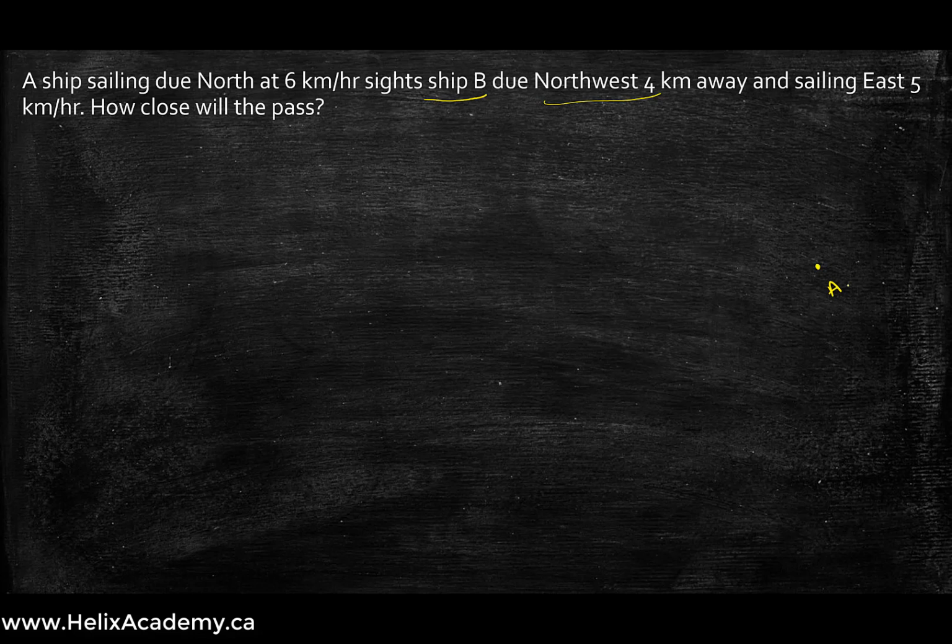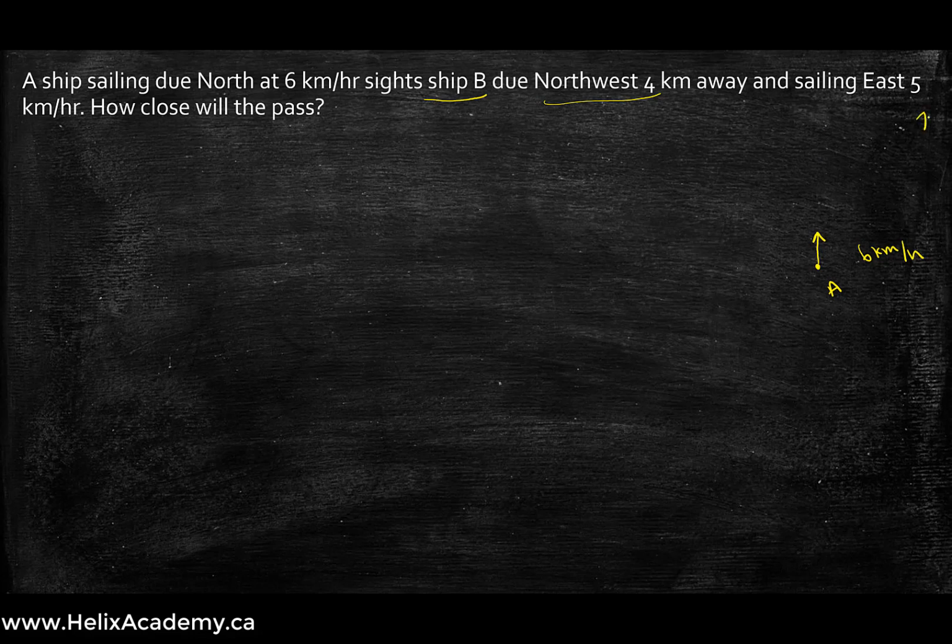So if this is my ship A and it's going north here, this vector is going to be representing the speed and the velocity of ship A, and ship B is going to be northwest.